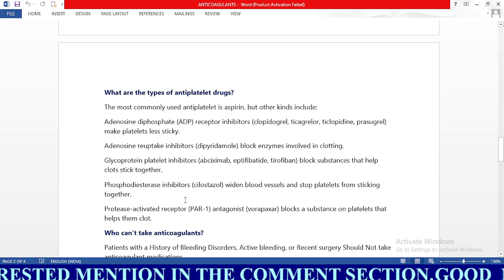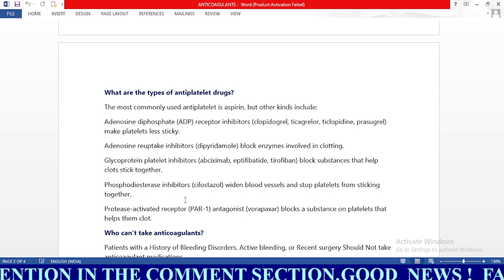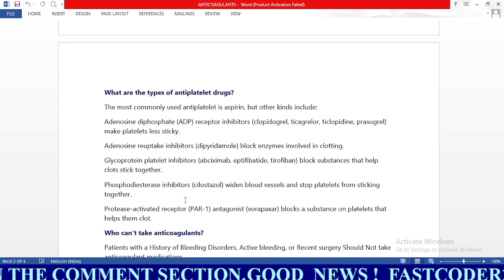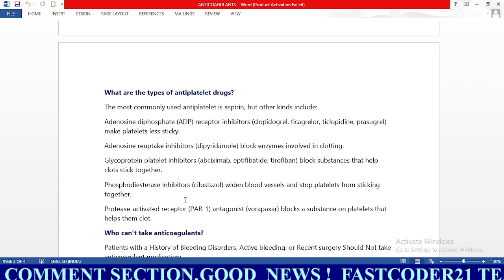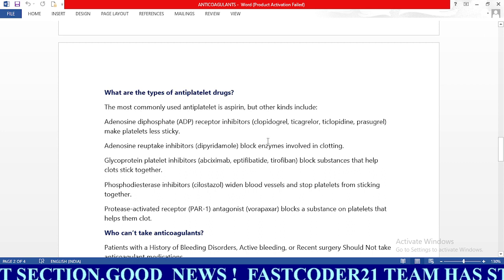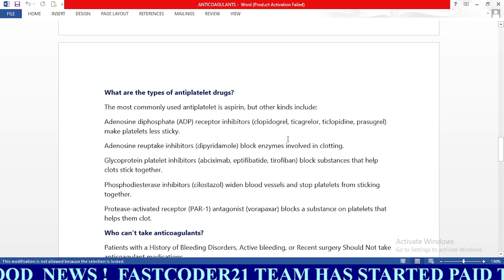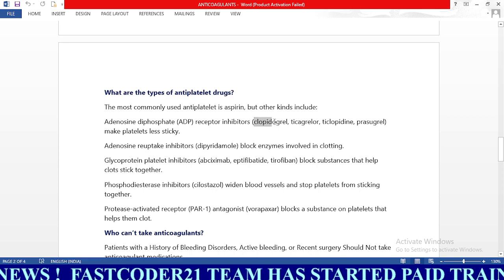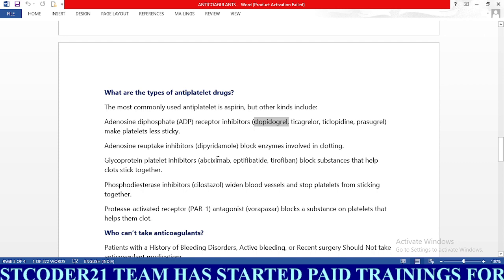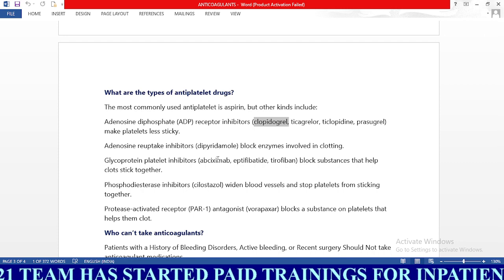So we need to know the main difference between anticoagulants and antiplatelets. The most common antiplatelet drugs we will see in our medical coding documentation are aspirin, clopidogrel, and ticagrelor. Whenever you see these medications, you need to check for conditions like pulmonary embolism, DVT, stroke, and heart attack.